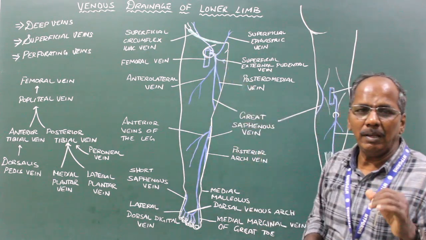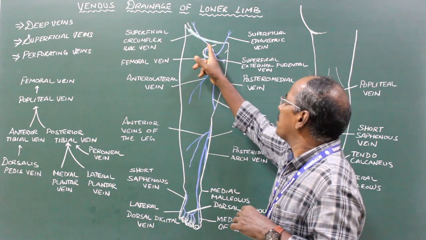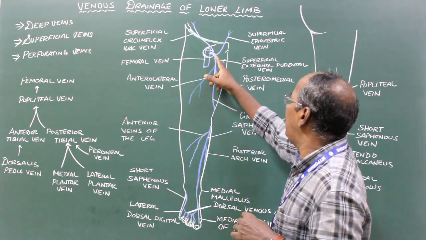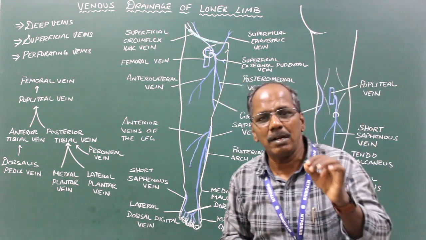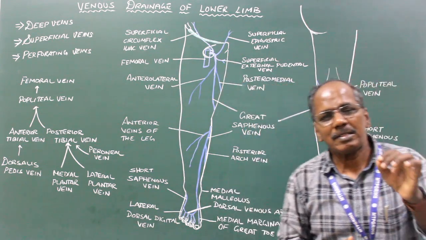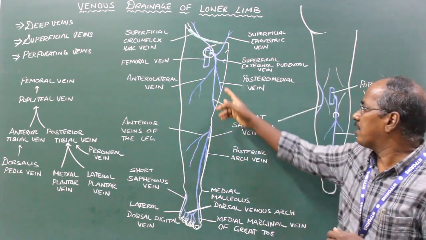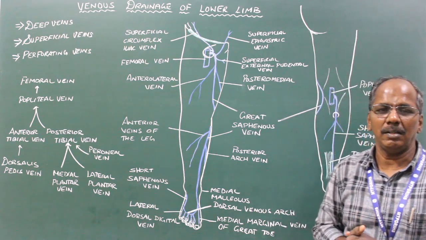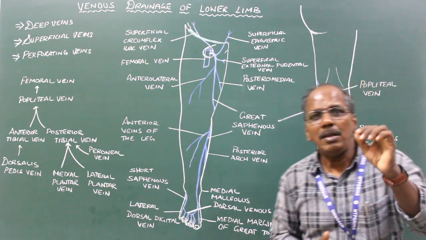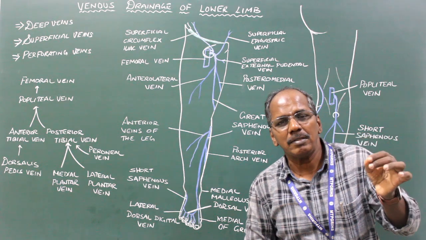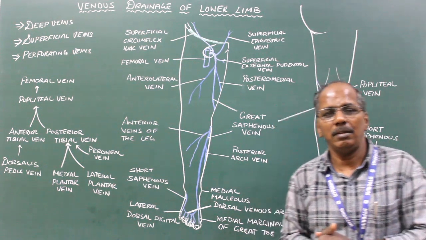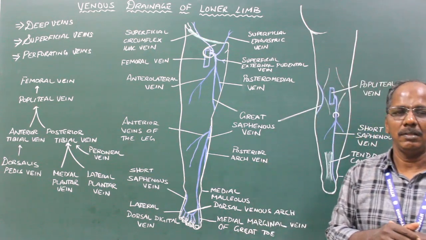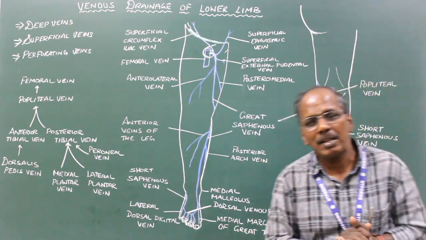In the saphenous opening, superficial circumflex iliac vein, superficial epigastric vein and superficial external pudendal vein drain into the great saphenous vein before it pierces the cribriform fascia. The deep external pudendal vein drains into the great saphenous vein before it pierces the femoral sheath. So these are the tributaries of great saphenous vein.